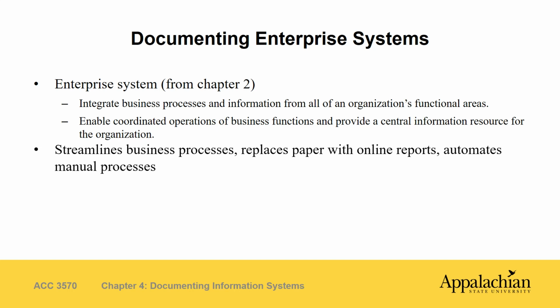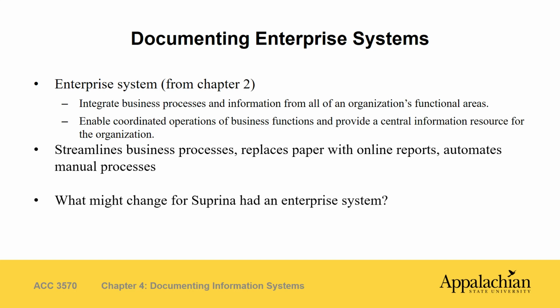It streamlines business processes, replaces paper with online reports, and automates manual systems. That's one of the things about an enterprise system, is that it cuts down on paper. It makes the business processes where you would end up having reports within the system that are pulled up instead of paper reports, or having to pull information out external to the information system and then create reports.